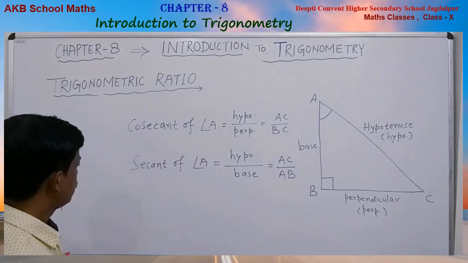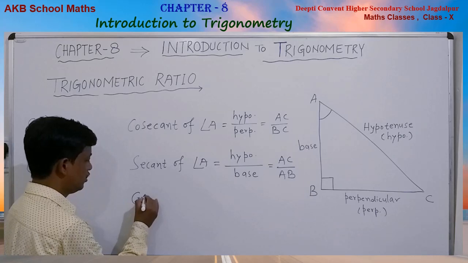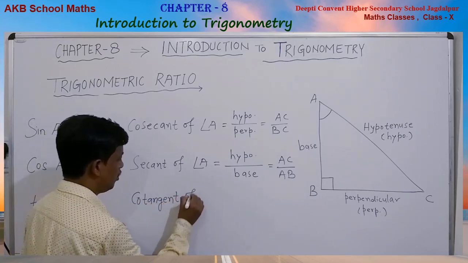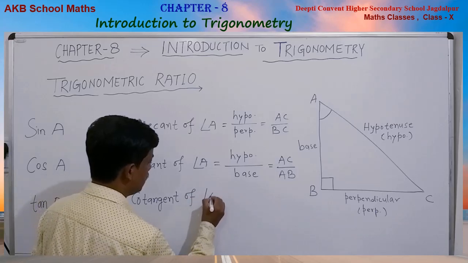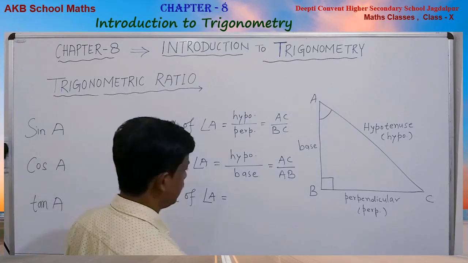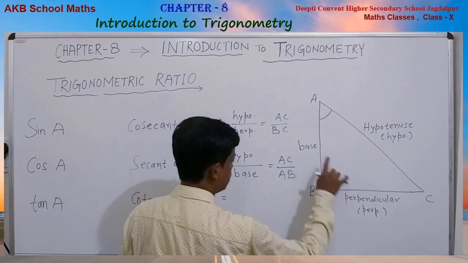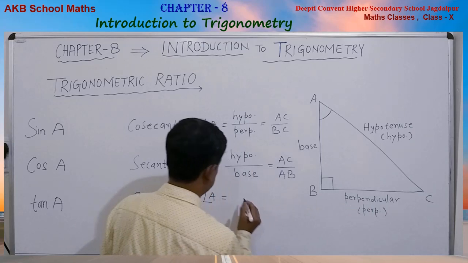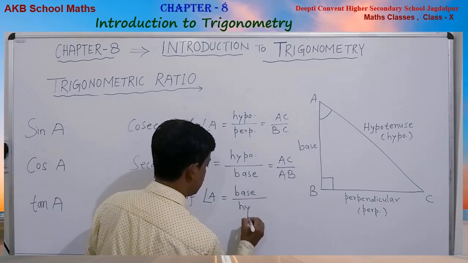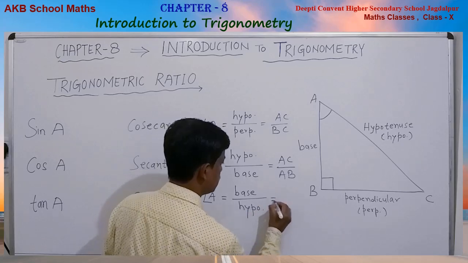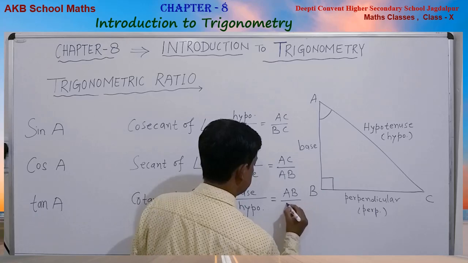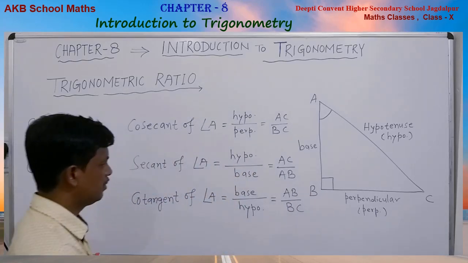Similarly, cotangent of angle A equals the reciprocal of tan A, meaning base by perpendicular, that is AB upon BC, reciprocal.